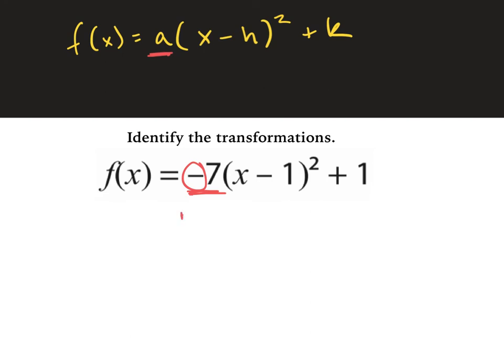A reflection. And then what does the 7 tell us? Remember, if it's multiplied out front, we either care if it's a whole number or if it's a fraction. Perfect. So it's a reflection and it stretches.